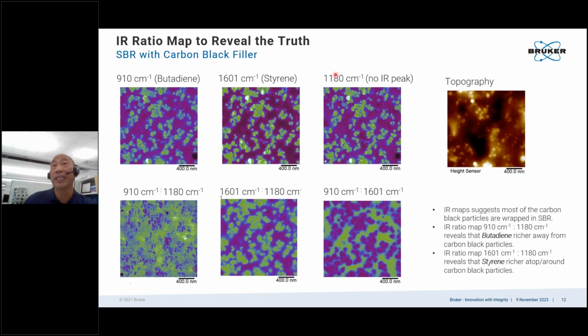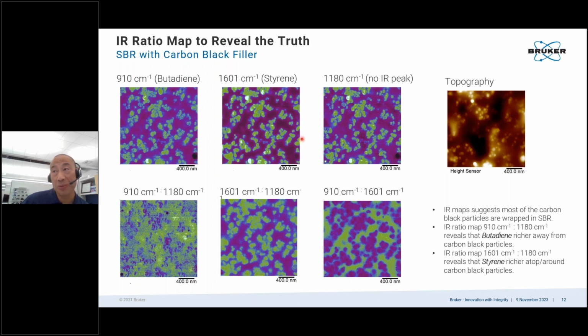Even if we take an IR map at a wave number where there's no IR peak, we still see something similar. This was initially puzzling. We can't tell right away which is which. It ends up that since we have carbon black, and carbon black absorbs IR almost across the whole wavelength range, no matter where you go, the carbon black absorption always dominates.